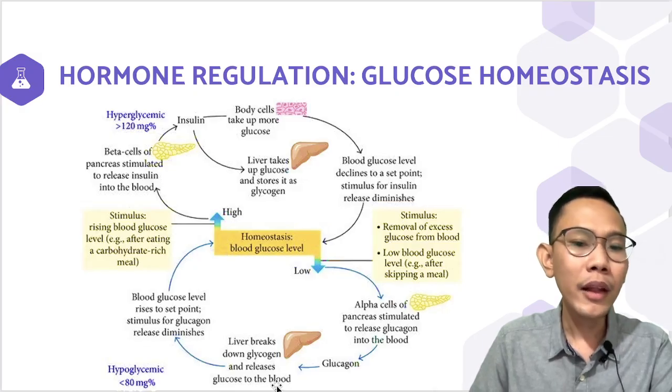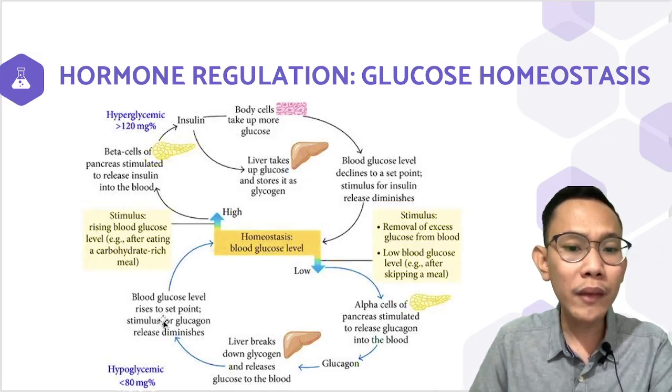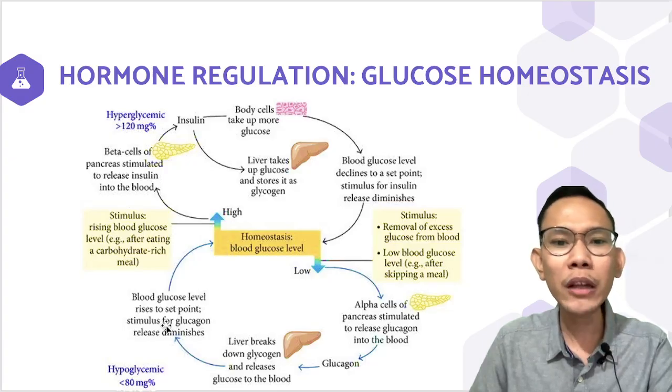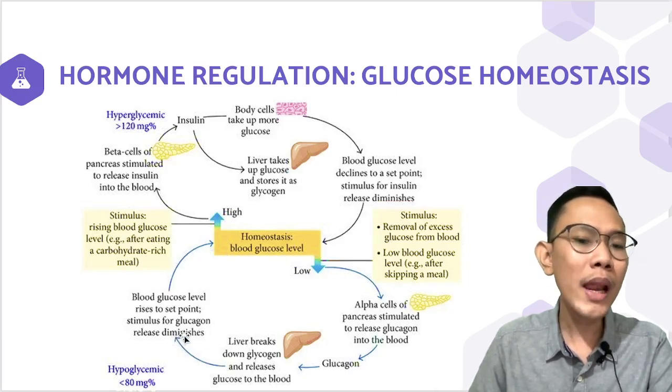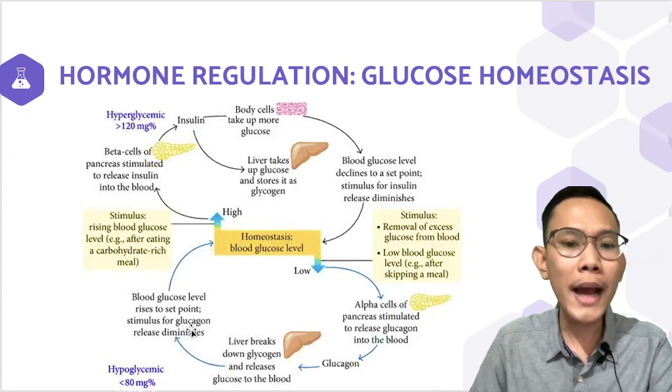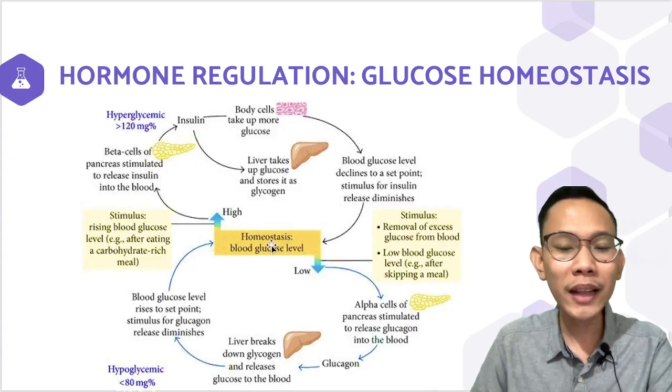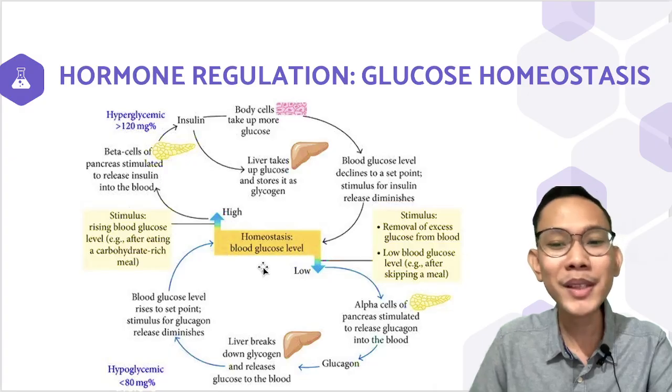And what will happen? Blood glucose level rises. Tataas na yung blood glucose level kasi meron tayong source ng glucose from our glycogen. And again, mawawala na ang effect ng ating glucagon pag naabot na natin yung normal na level, and babalik siya sa homeostatic, or your blood glucose level becomes normal.